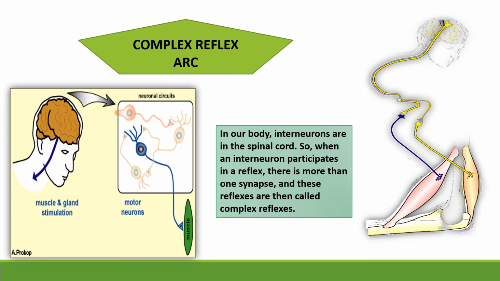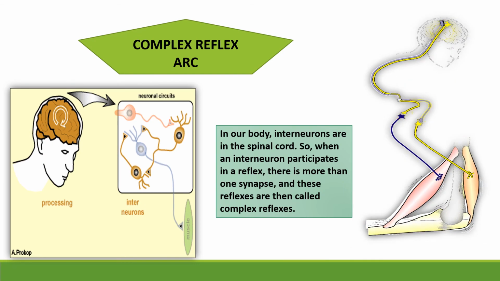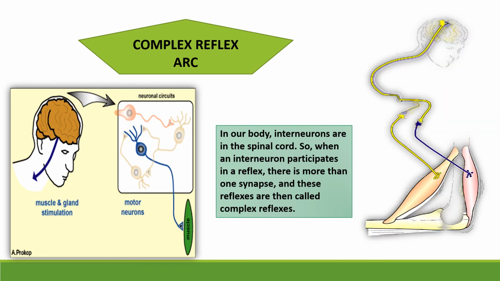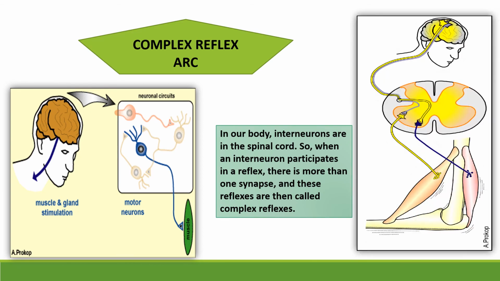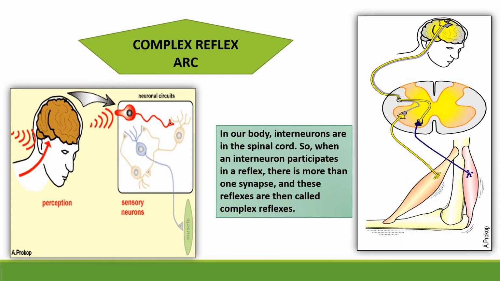In the interneuron structure, everything has been shown. Ultimately, it's coming to the muscle. Here also, this is the two legs, where it's happening on both legs at a time. So this is the pathway of complex reflex action.